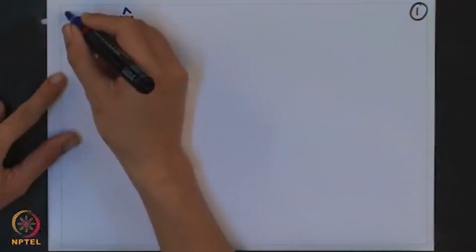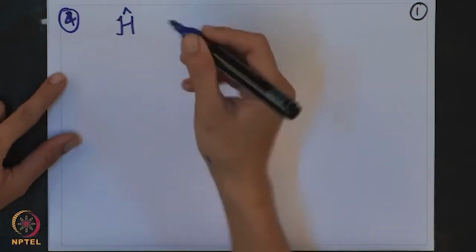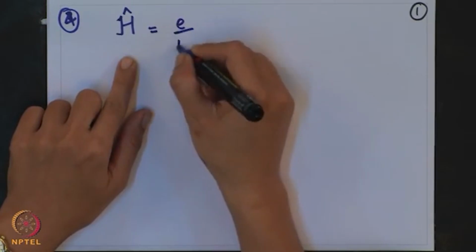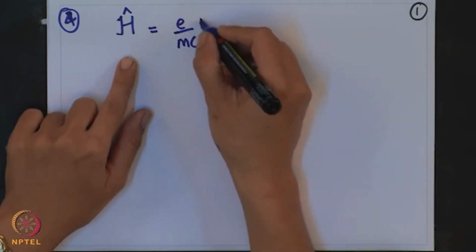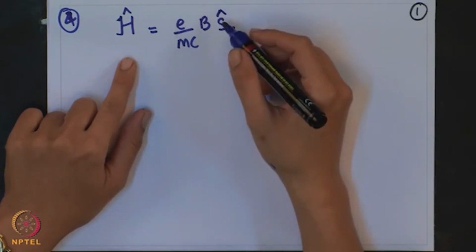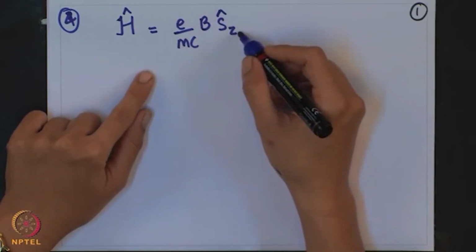The fourth problem is that the particle is subjected to a magnetic field along the z direction and it has some energy, with the Hamiltonian operator given to you as e by mc into B Sz, where B is the magnetic field and it is along the z direction.